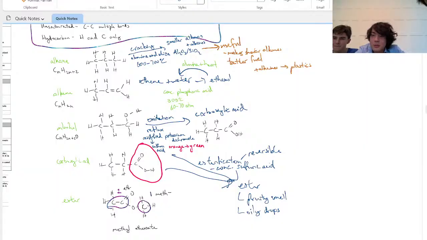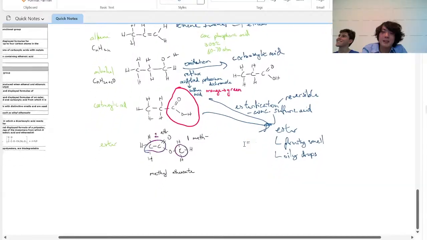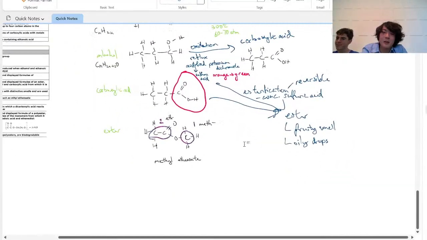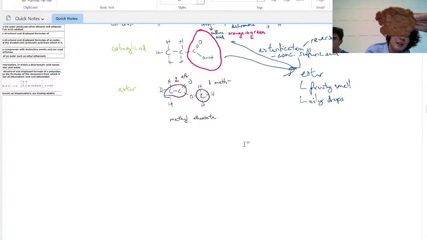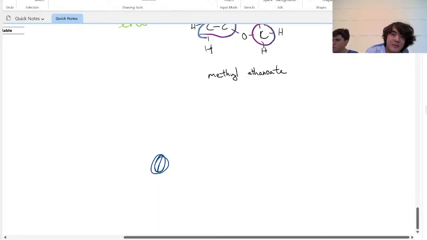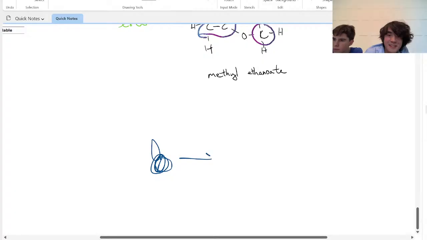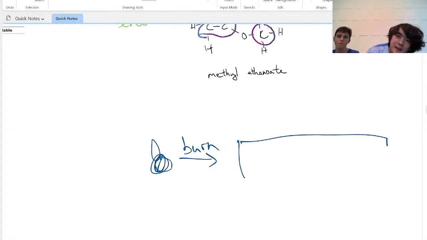Can you do flame spectroscopy? So flame spectroscopy: if you have an ion and you burn it, it will produce an emission spectrum.